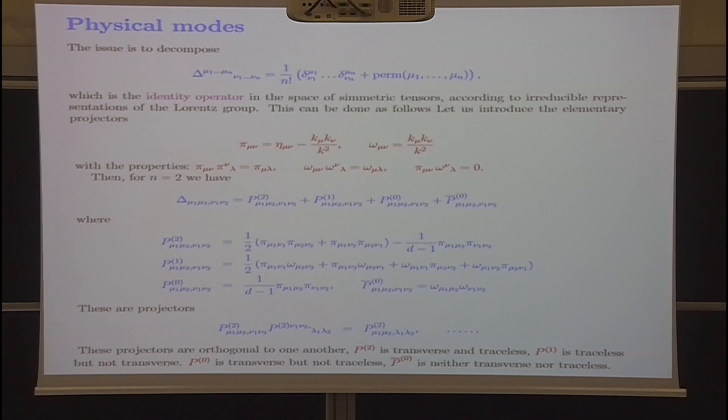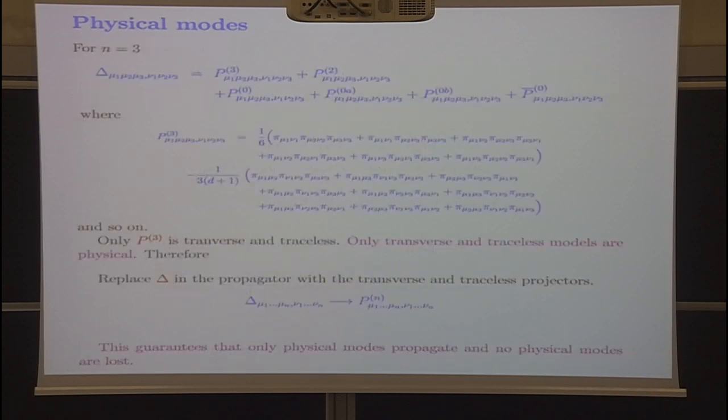So you always have these kinds of things. You can decompose the identity into this kind of sum. Now, the important thing is that only the terms corresponding to this propagate. And this can be done by replacing, this is the example for n equal 3, for instance, you get P3.